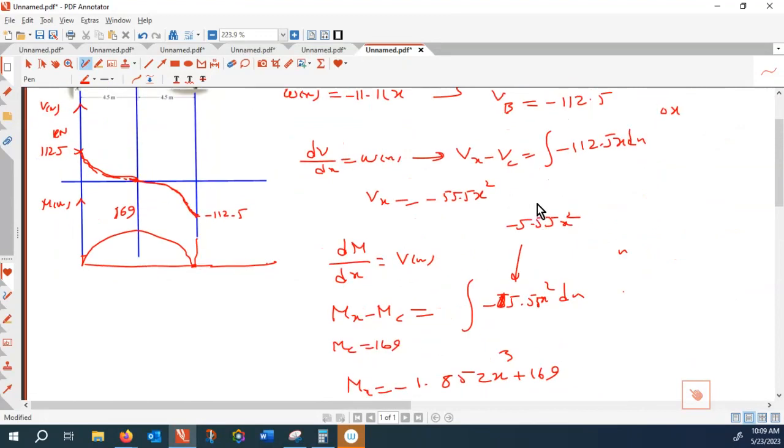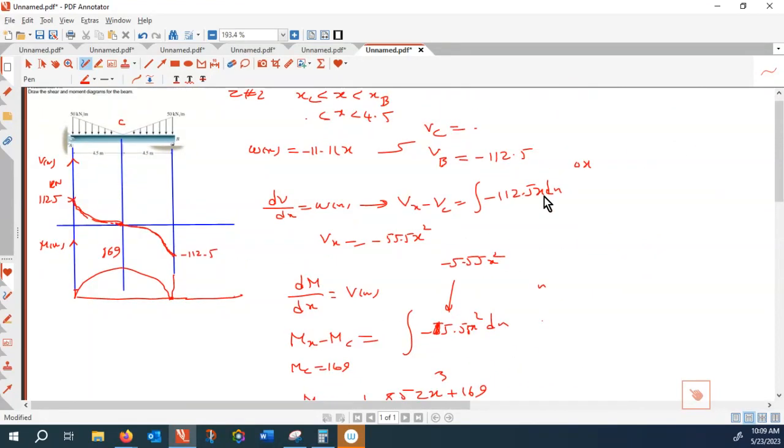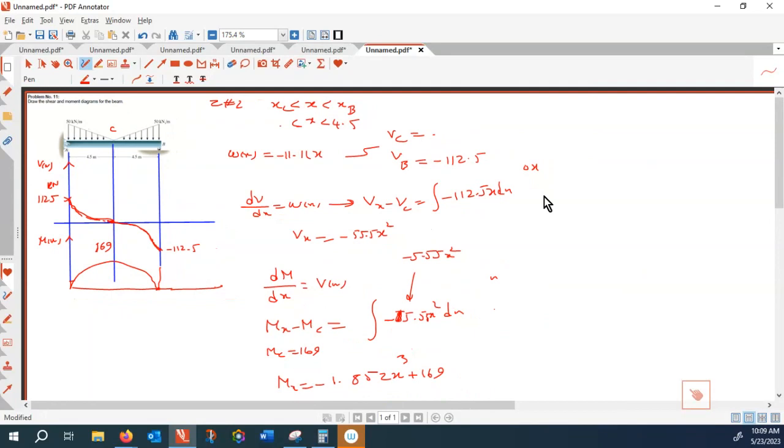All right, that was a relatively doable problem if you follow the steps quickly. The challenge is you have to know what the w of x is as an expression. So from there, you just do two-time integration. Careful about how you apply the boundary conditions and the beginnings.